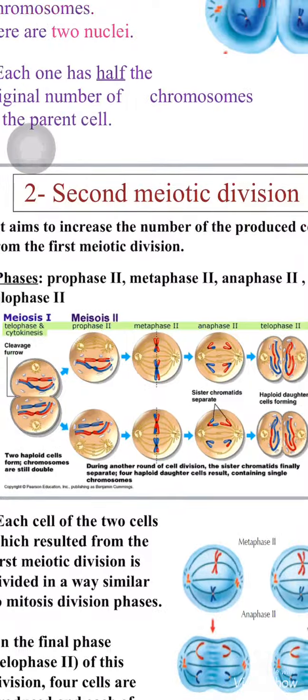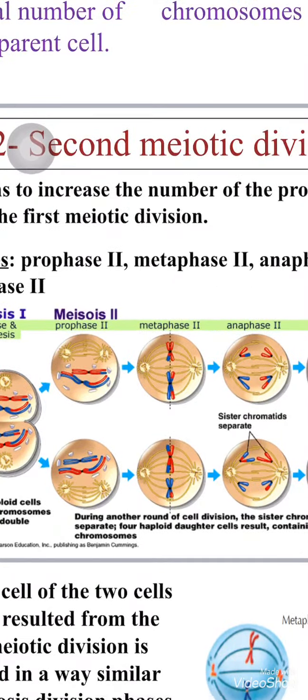In prophase 2, the nucleolus disappears, the nuclear membrane disappears, the spindle fibers start to form, extending between the two poles, and the spindle fibers are attached to the centromere of the chromosomes. Here in prophase 2, the chromosomes are not arranged in pairs. They are not homologous chromosomes here. Each chromosome is on its own, okay, as in mitosis.